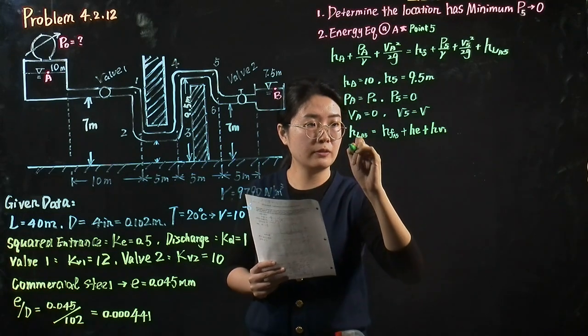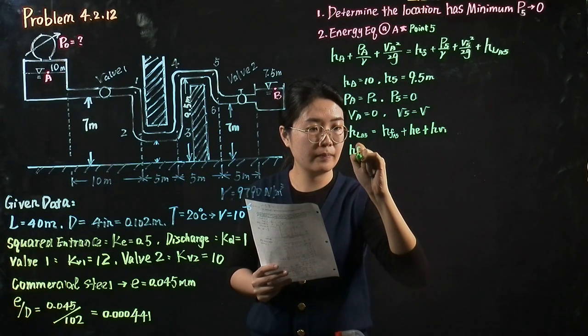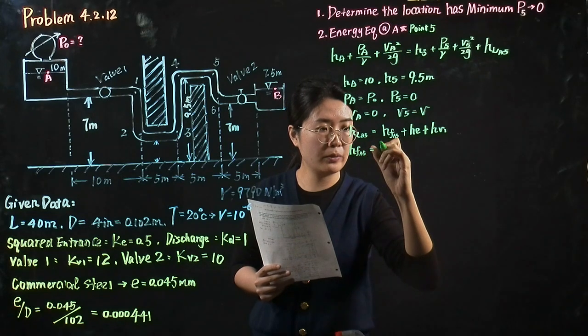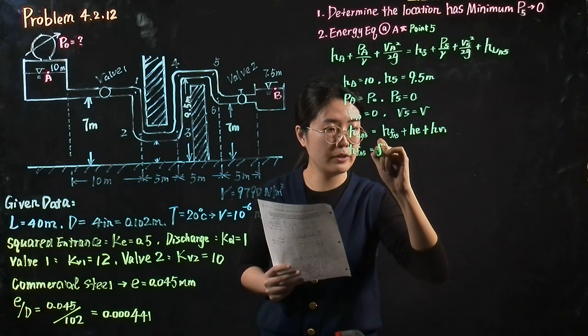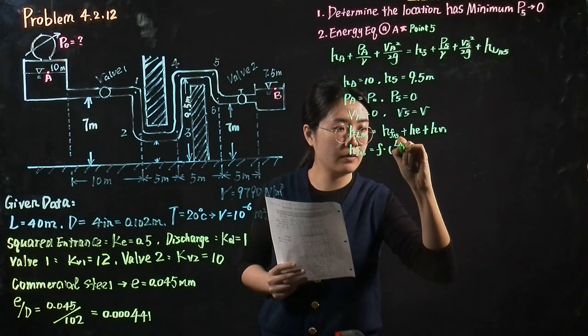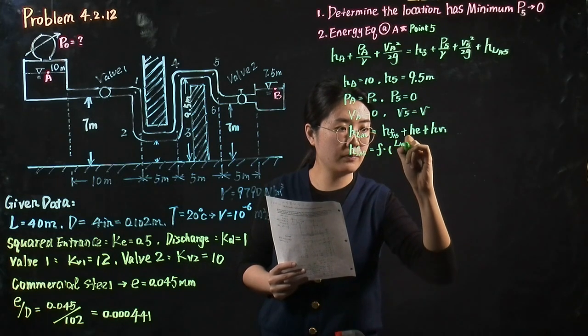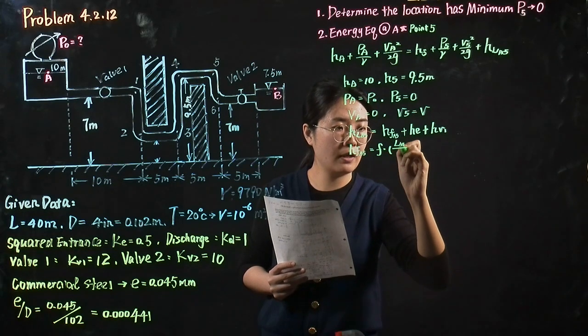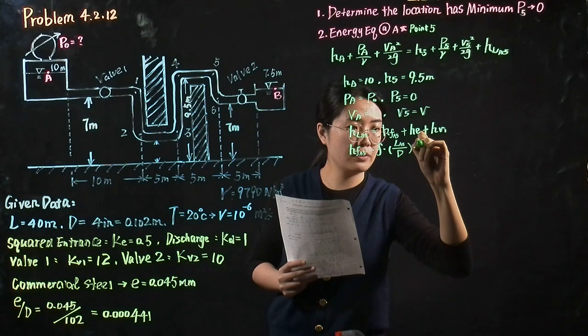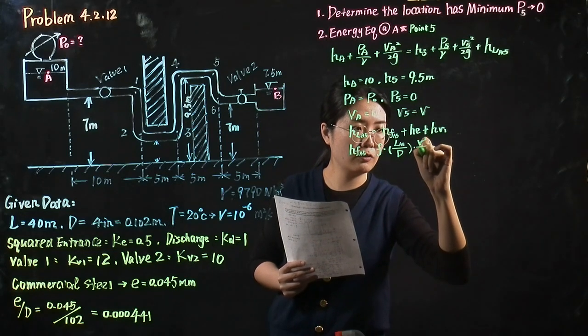Because the friction loss is given by the Darcy-Weisbach equation, which is friction factor times the length from point A to point 5 over diameter times V squared over 2g.